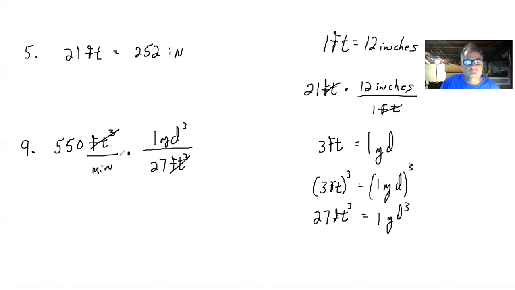Now I get my cubic feet to cancel out, and so this really becomes 550 divided by 27. And that's about, to 1 decimal place, 20.4 cubic yards per minute.